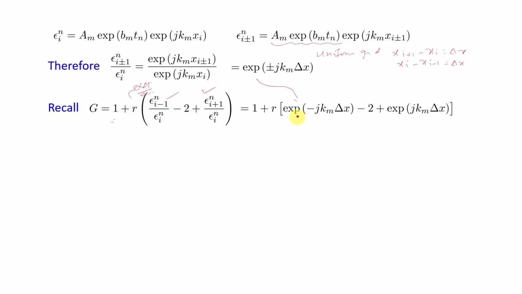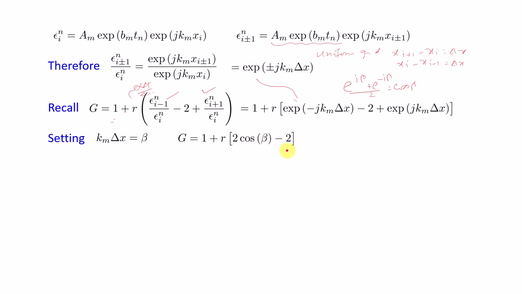Well, so this e to the power minus ix, e to the power plus ix, sum of them should be equal to twice of cos x. So I am taking this k_m delta x as beta for simplicity. Then I have e to the power i beta plus e to the power minus i beta divided by 2 is equal to cos beta.